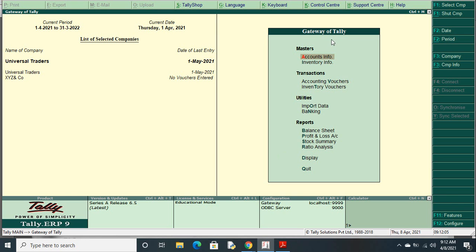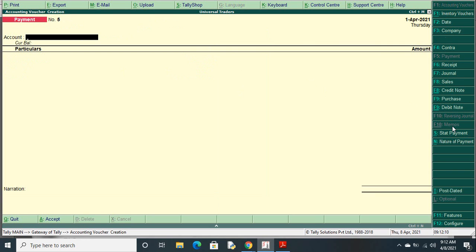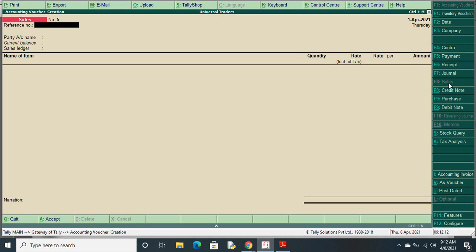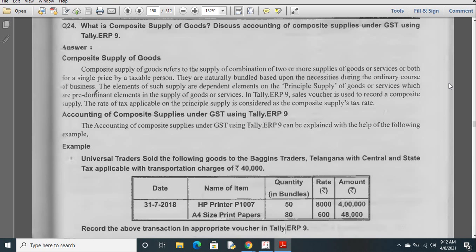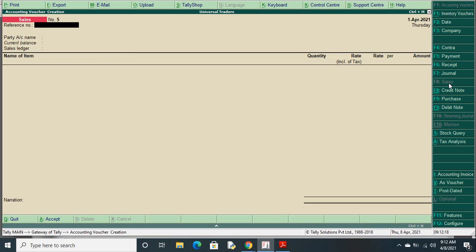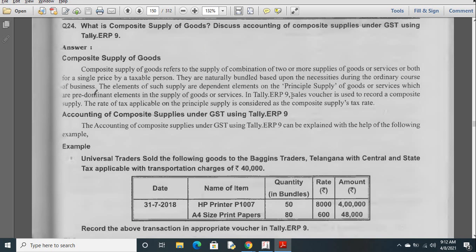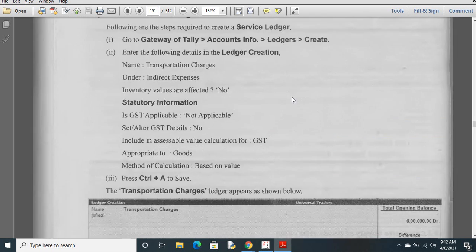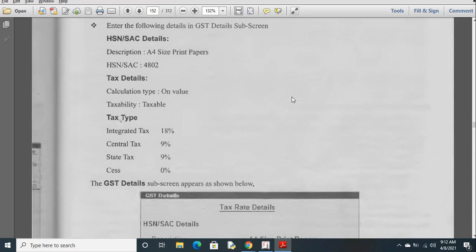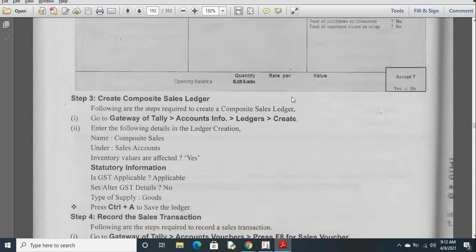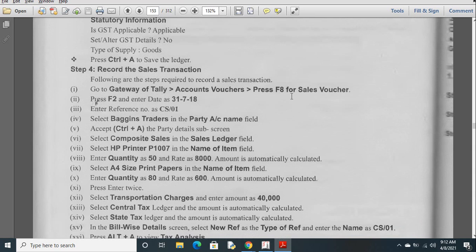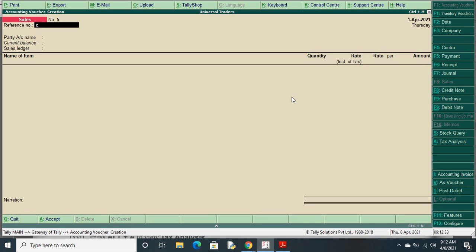I'll go to accounting voucher, sales. Tell me, what is the reference number? CS by 01. Okay, CS, composite supply, by 01.